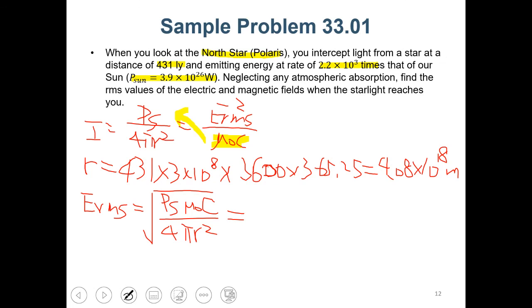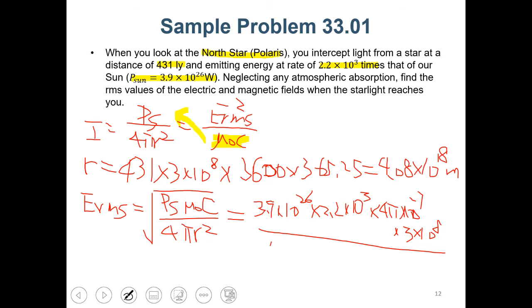So it should be something like 3.9 times 10 to 26 times 2.2 times 10 to the third power, and then mu naught is 4 pi times 10 to minus 7, and then speed of light is 3 times 10 to 8, over 4 pi times 4.08 times 10 to 18 squared, take the square root.